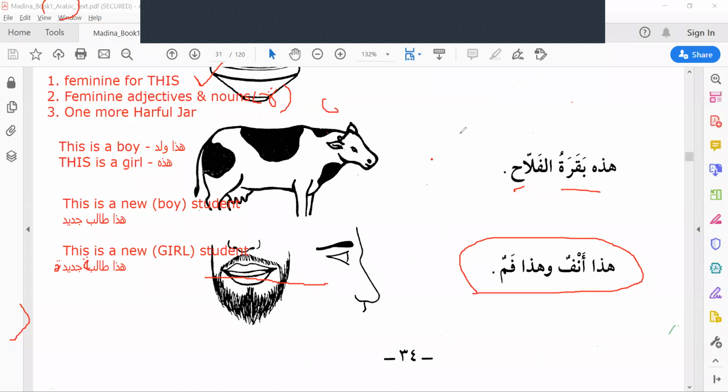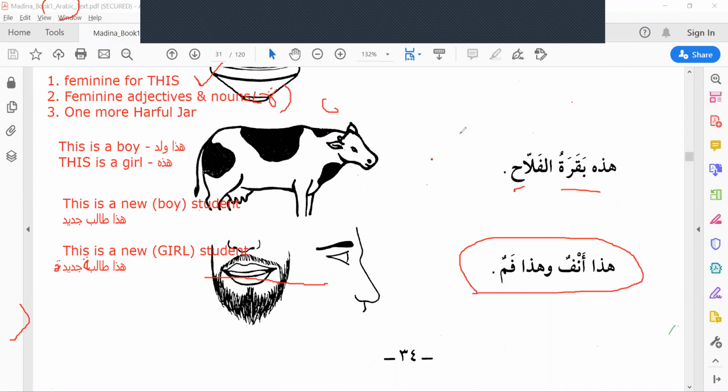For example, eyes. How many eyes do we have? Two, a pair of eyes, so eyes is feminine. Hand: how many hands do we have? Two, so we use hand as a feminine word. Leg: a pair of legs, so leg is a feminine word.